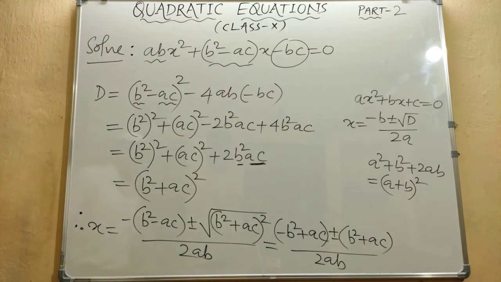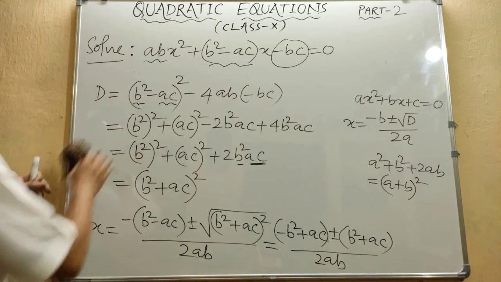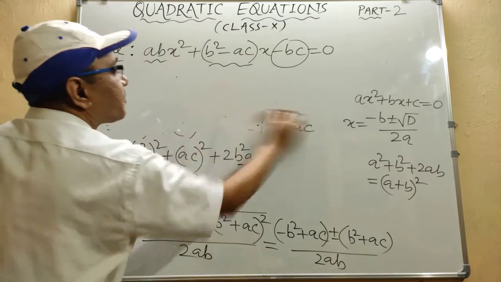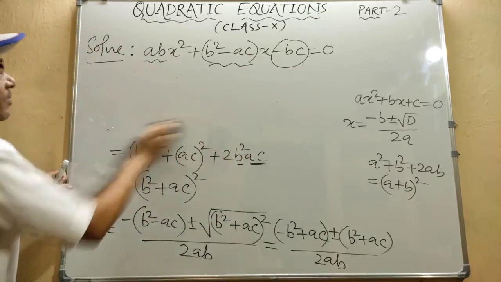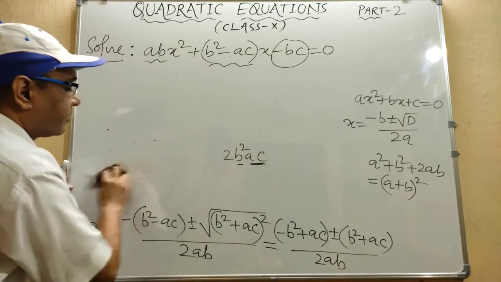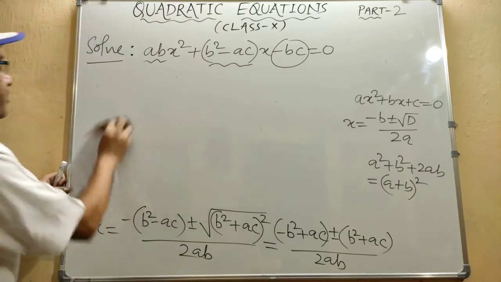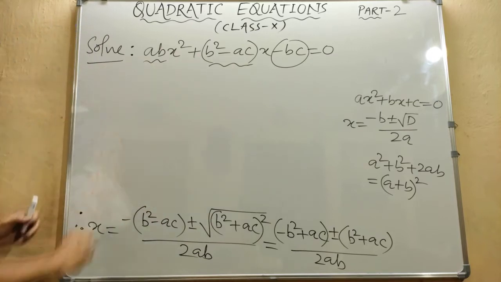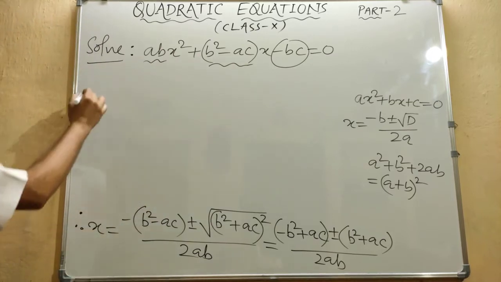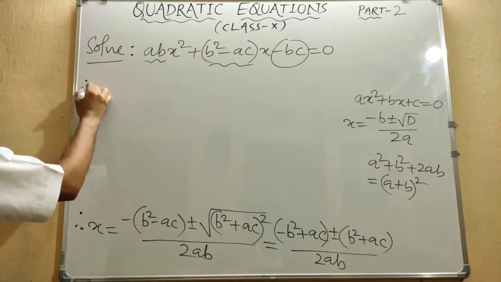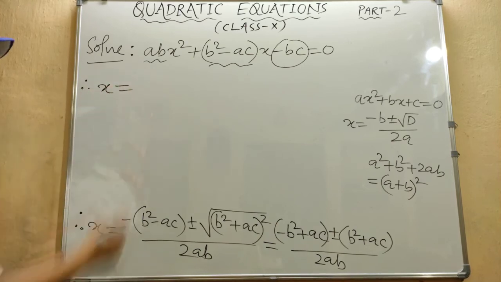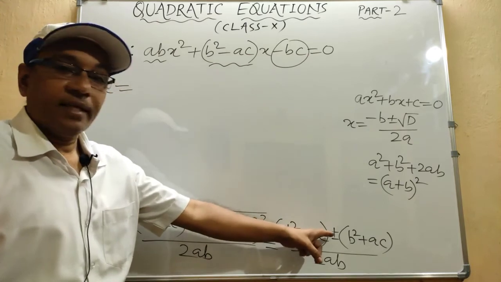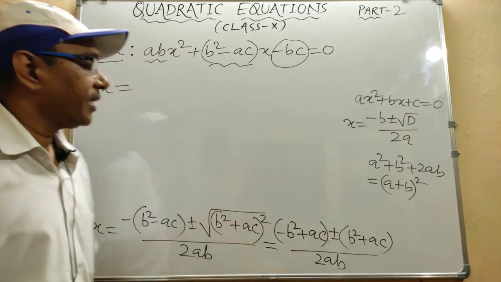Okay, now let me rough this side. See, so values of x are, two roots are here, one by taking plus sign and second by taking minus sign.